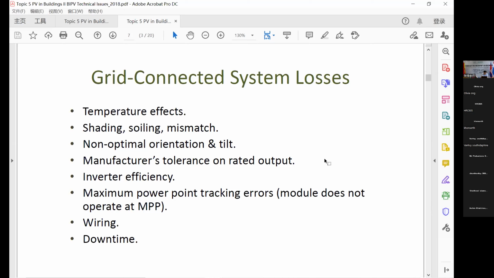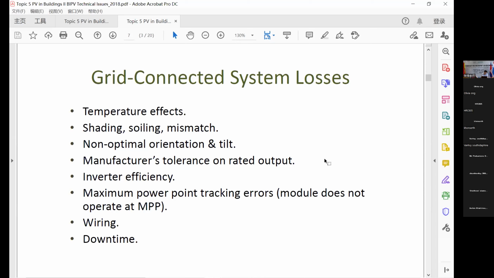And the maximum power point tracking: the modules do not operate at the maximum power point. This is a very good point. Sometimes if the solar module cannot operate at the maximum power point, it's normally due to some internal problem.